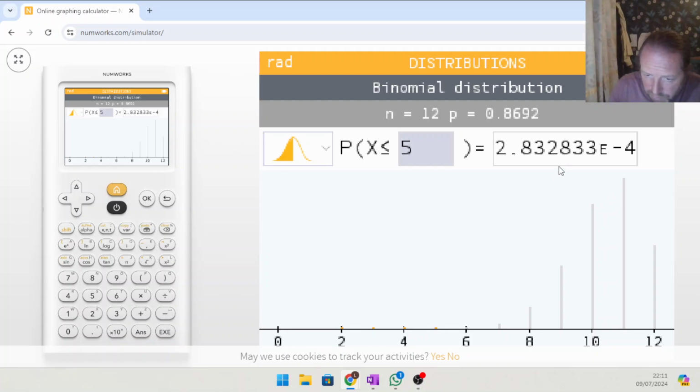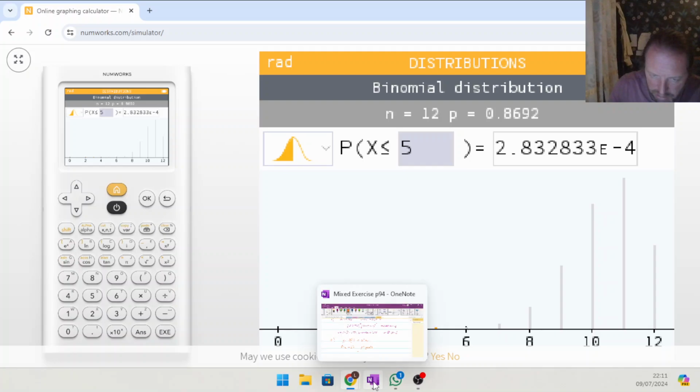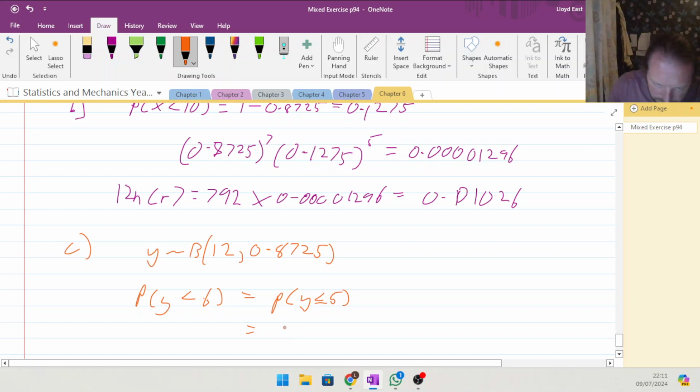And you can see it right down there. 0.30283. 0.283. Okay.